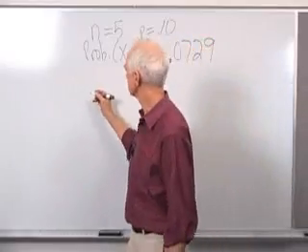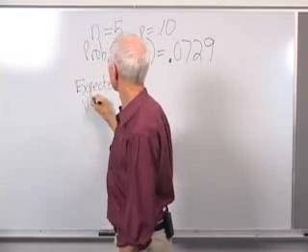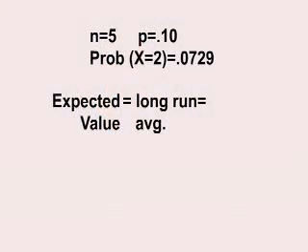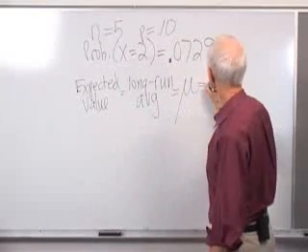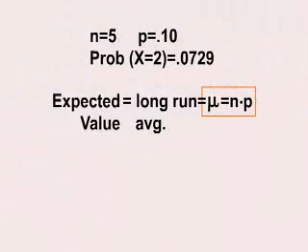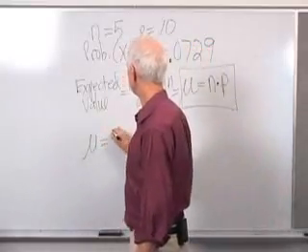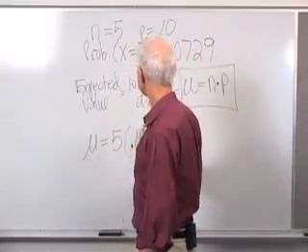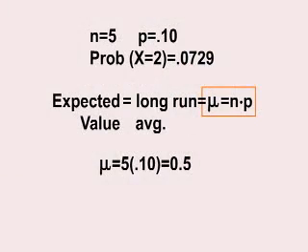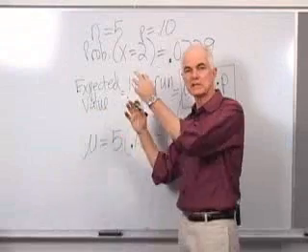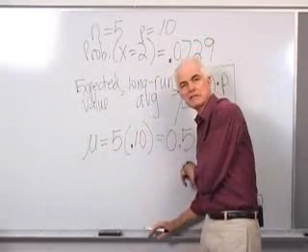The binomial distribution has something called an expected value or a long-run average, which is represented by mu, just as it was in earlier chapters. And mu equals n times p in a binomial distribution. So in this problem, mu would equal 5 times 0.10, or 0.50. That means that if we were to continuously, over and over, sample 5 parts, we would expect to get about a half of a defect.